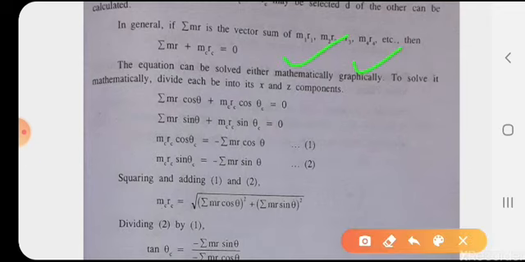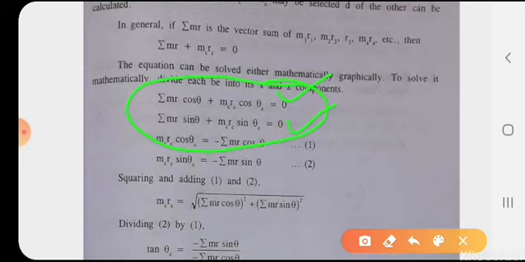To solve mathematically, divide into x and y components. So summation of mr cos theta plus mc rc cos theta c equal to 0. Similarly, summation of mr sin theta plus mc rc sin theta c equal to 0.